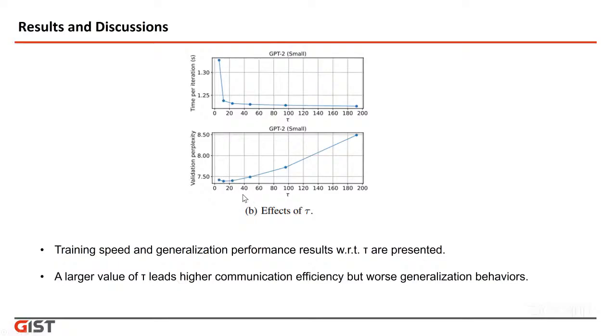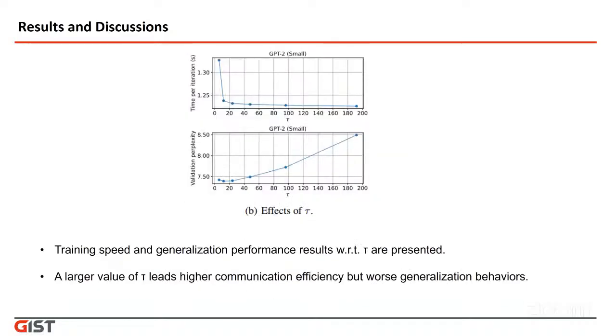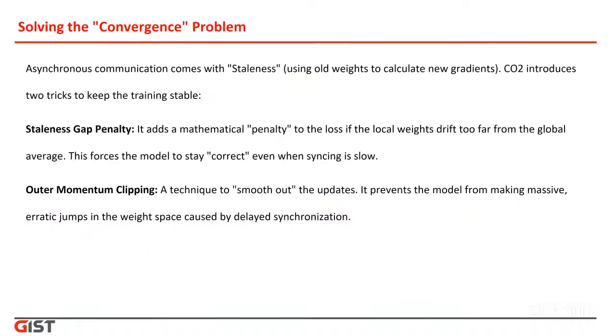Because they delay synchronization based on these tau steps, as they increase the number of tau steps, it means they increase the delay, then the generalization of the model worsens. The perplexity is higher. So this affects the model performance, but they handle this effect through the momentum clipping and the staleness gap penalty. They propose these two solutions to slightly overcome this convergence problem.